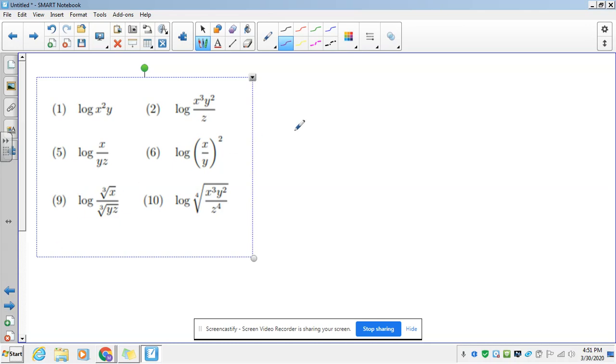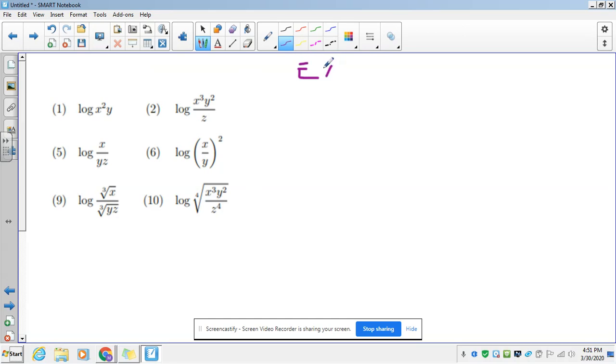Here are the examples done out. So if I wanted to, this whole page would be expanding. In the Nearpod slides, you can try to combine and see how good you are at that. So expanding here, first I want you to realize it's multiplication. So multiplication and what go together? Addition.